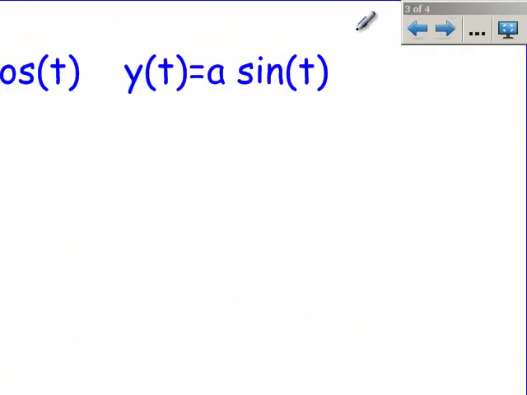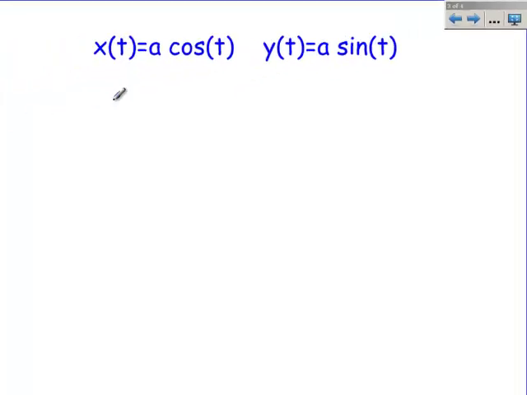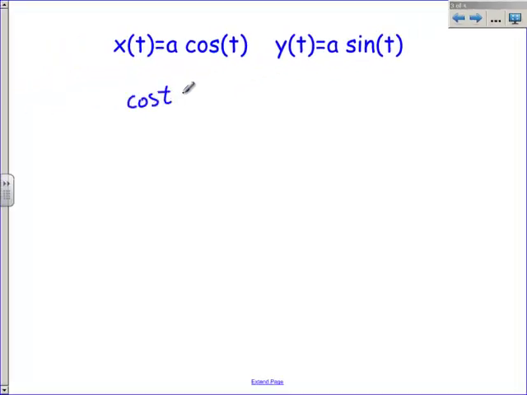Okay, so let's go take a look at parametric graphs that have sines and cosines in them. And what I want to do here is I want to see what would this be a graph of. So we know that I could manipulate this and call this cosine t is equal to x over a, and divide both sides by a on the other one, and I could get that y over a is equal to sine of t.